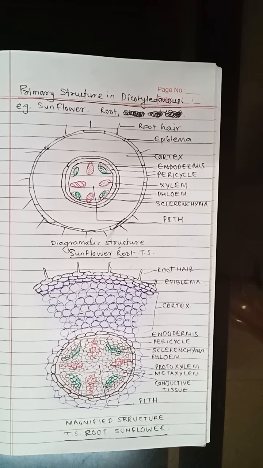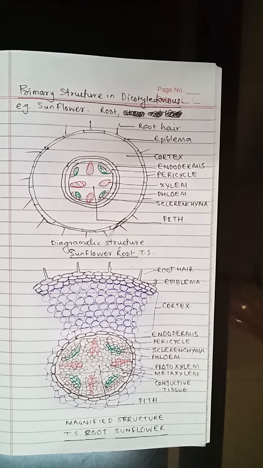Then vascular bundles. The vascular bundles are radially arranged, as we see in the types of vascular bundle. The number of xylem and phloem bundles is 4 each.